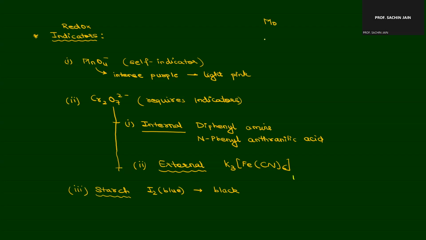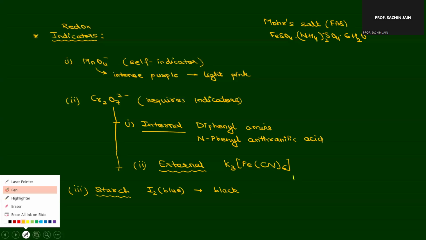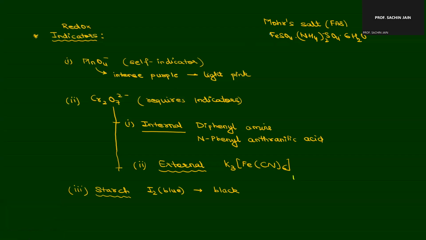Also, remember for titrations involving Mohr's salt, which is ferrous ammonium sulfate, having the formula FeSO4·(NH4)2SO4·6H2O. For the ferrous ion estimation or the Mohr's salt reaction, there's only the ion changing from ferrous to ferric.